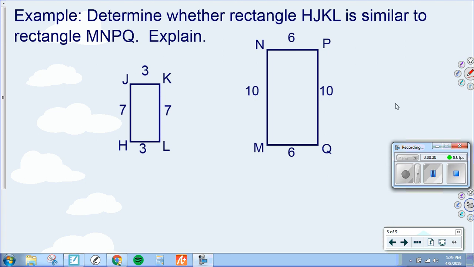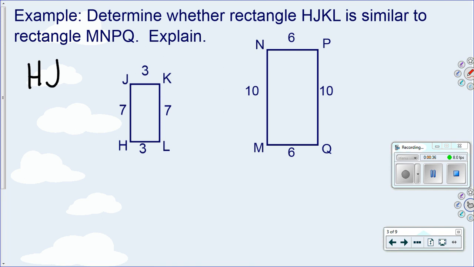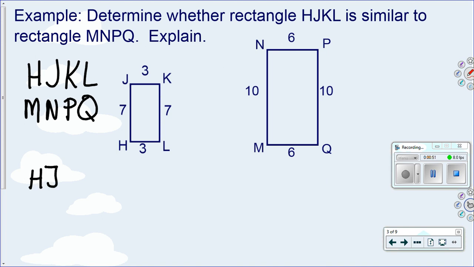Alright, so after we've drawn these shapes down, we need to figure out which sides correspond to each other. So I'm going to write HJKL over MNPQ. I need to figure out which sides correspond. So how about if I have HJ? What corresponds with HJ?